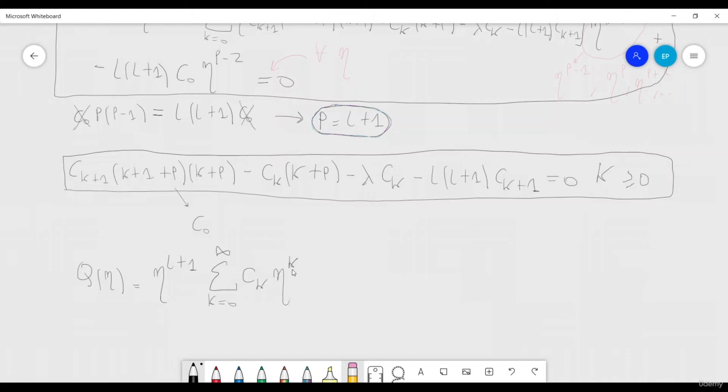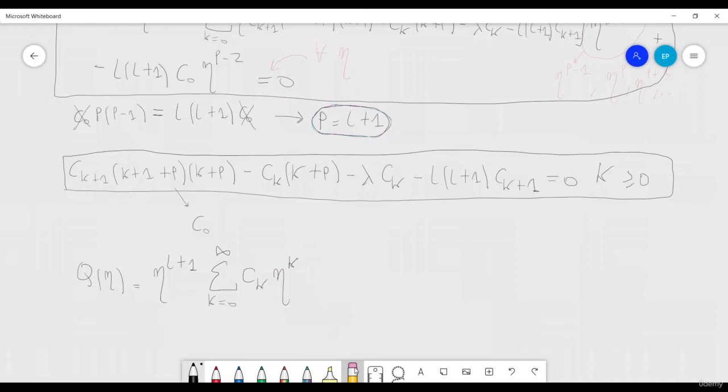Now you can see here that there's an infinity, and of course, if all of these coefficients were non-zero, this would be a problem because this summation would diverge. Here we have eta to the power infinity, and if eta is greater than 1, that would diverge.